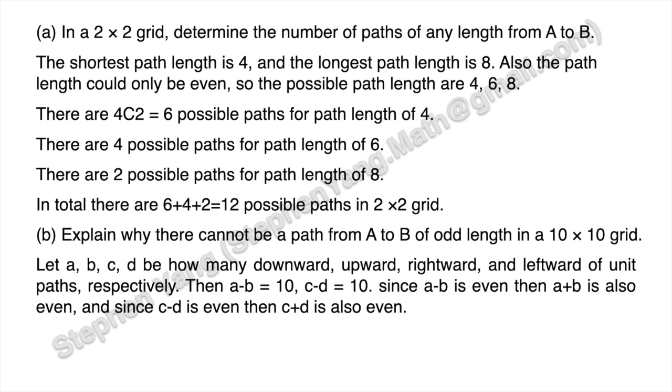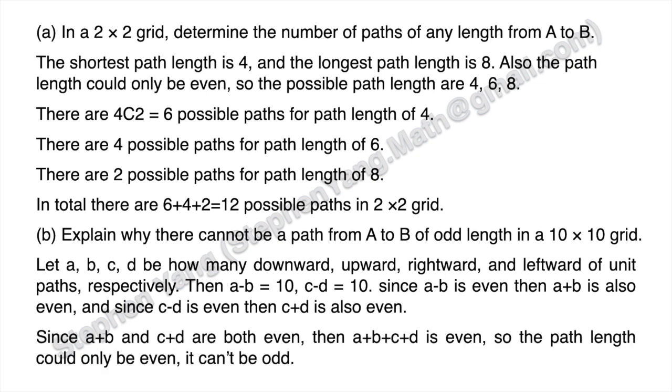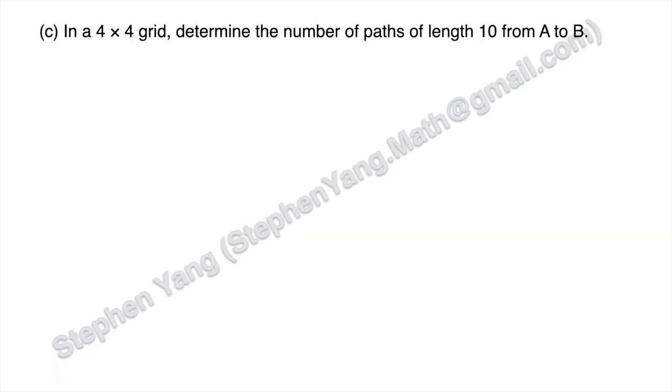Since A minus B is even, A plus B is also even. And since C minus D is even, C plus D is also even. Since A plus B and C plus D are both even, A plus B plus C plus D is an even number. So the path length can only be even, it can't be odd. Let's get into part C now.